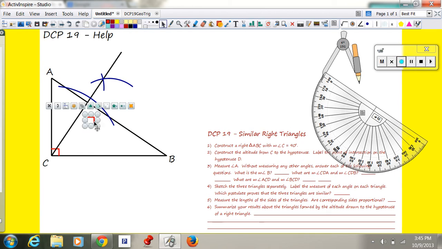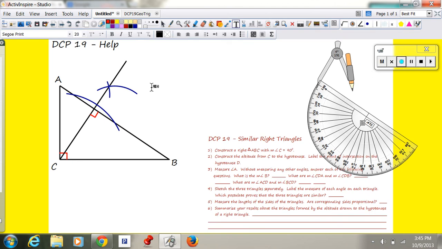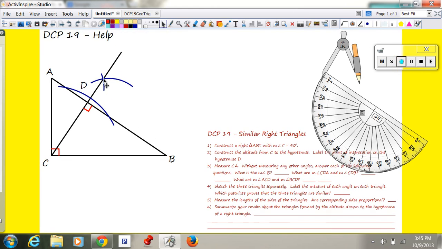Get the right angle symbol, spin it around so that it fits right in there nicely. That point you're going to label as point D. And once you've used your smiley face to make that X, you can get rid of your smile if you want, because that way point D will fit in there a little bit better.